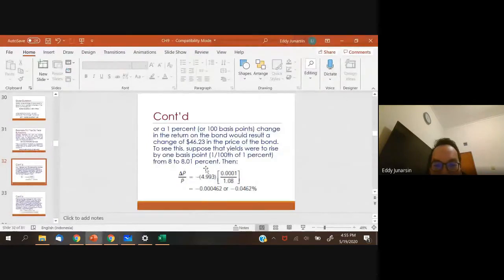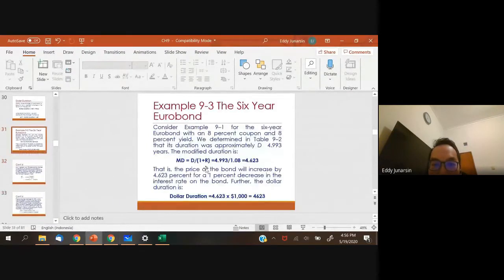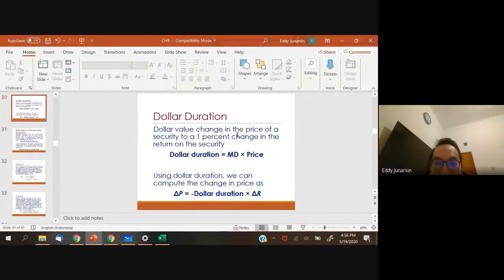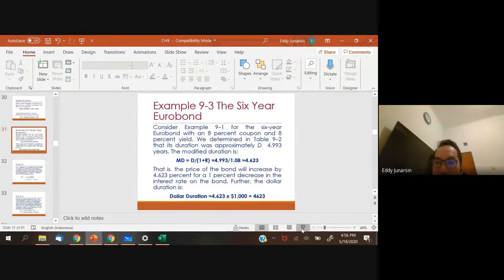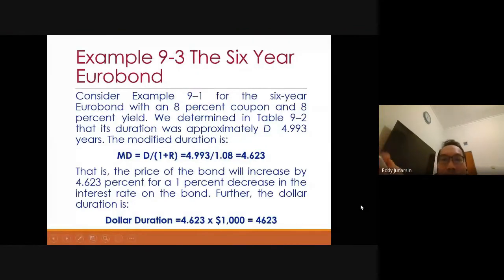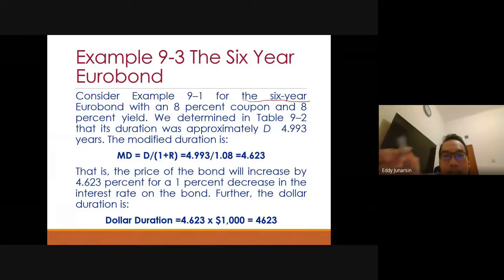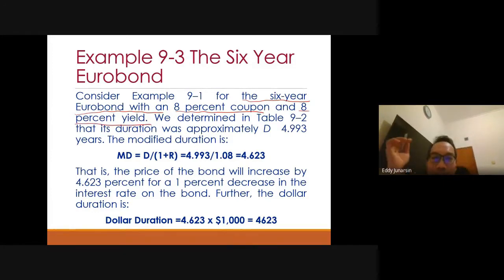So let's see an example now. From our previous calculation, we saw this case: 6-year Euro bond, 8% coupon and 8% yield. You still remember, right?